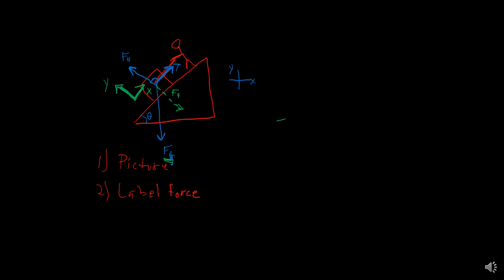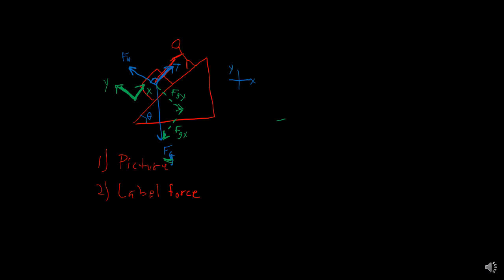This is a very similar process to what we use in projectiles, where we break up the force into x and y components. Except this time, we've rotated our x and y components to be along this incline. So I have these new components, and then I can start labeling the forces and write these sum of force equations that govern how these forces are going to interact with each other.